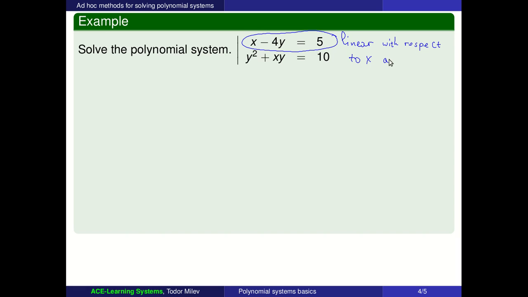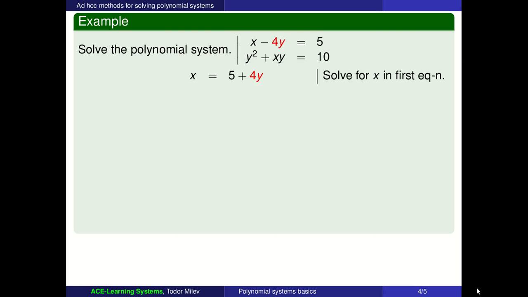That means that I can express x as a function of y, and I can express y as a function of x, whichever I prefer. As you can see, x has a coefficient 1 in front of it, so it makes more sense to express x as a function of y. That will be easier.